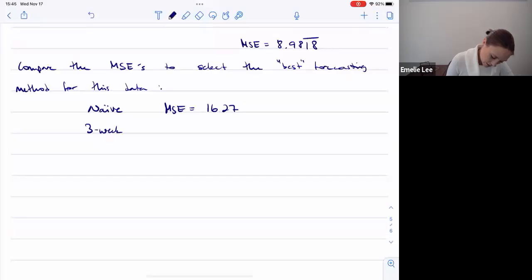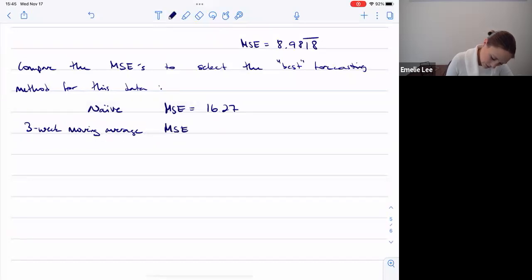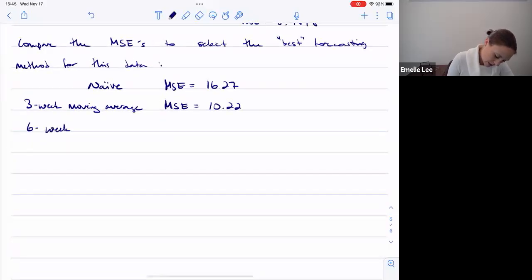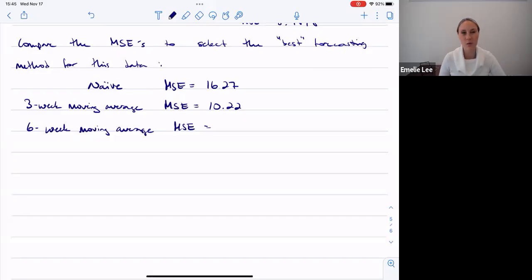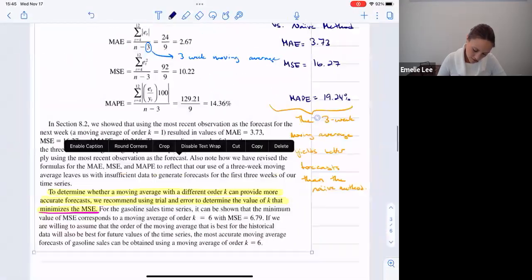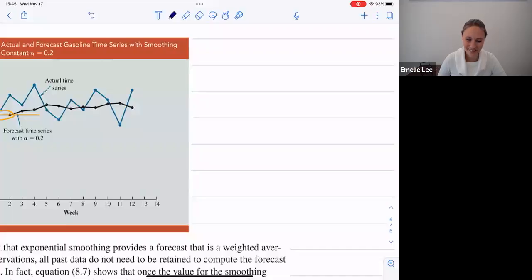The 3-week moving average had a mean squared error of 10.22. And then we know, because it said, the 6-week moving average had a really small 6.97, but I'm going to confirm. 6.79. Close enough, right?